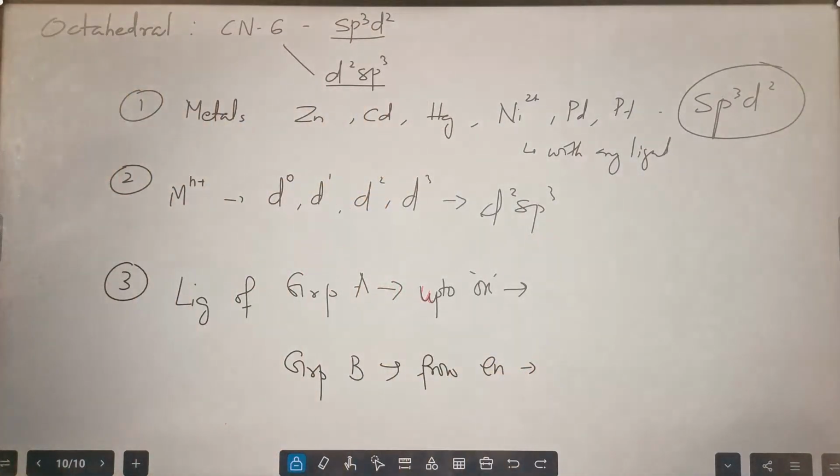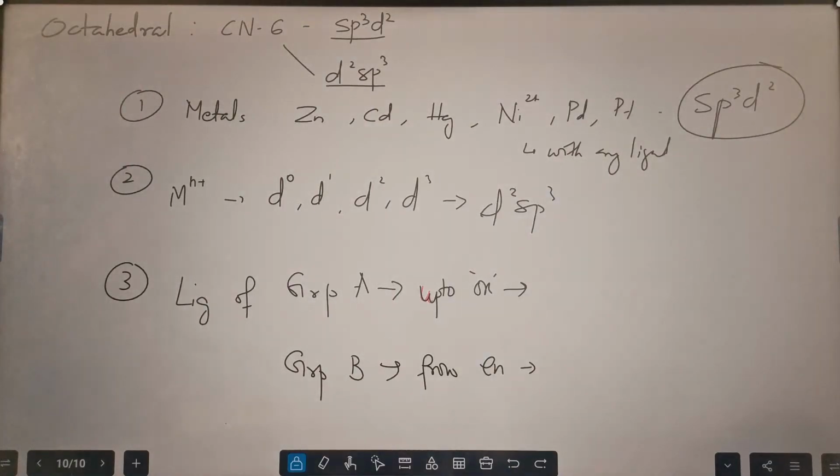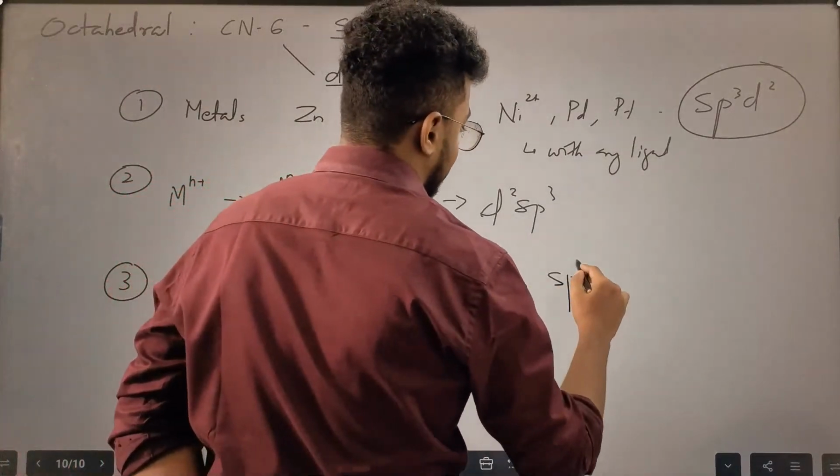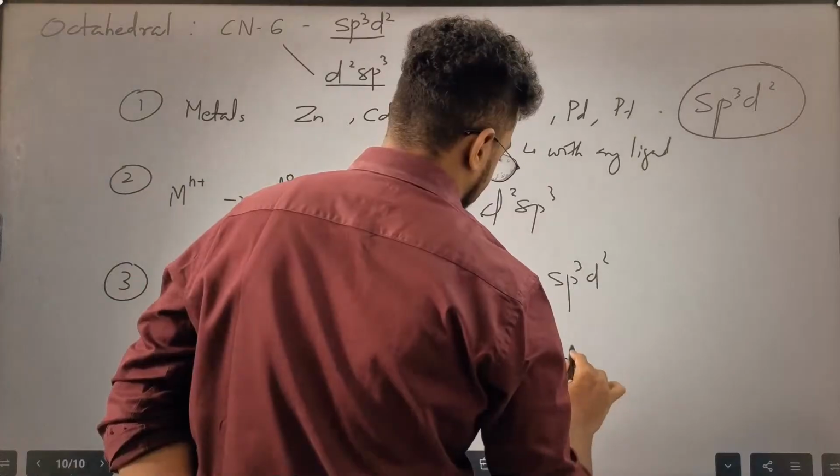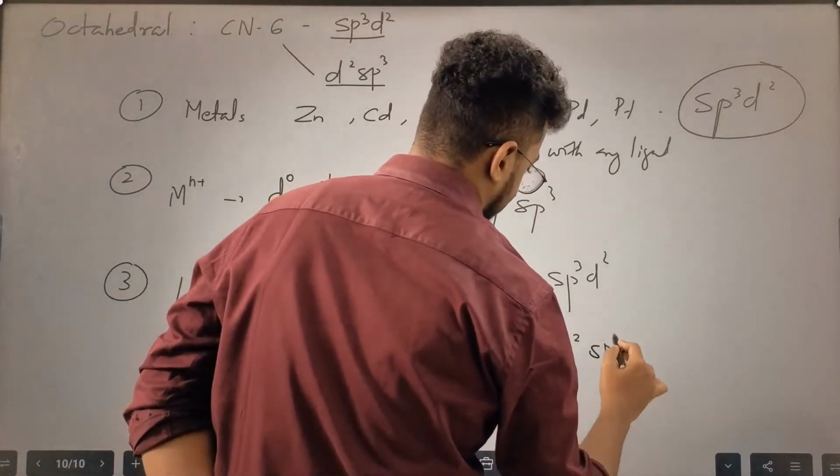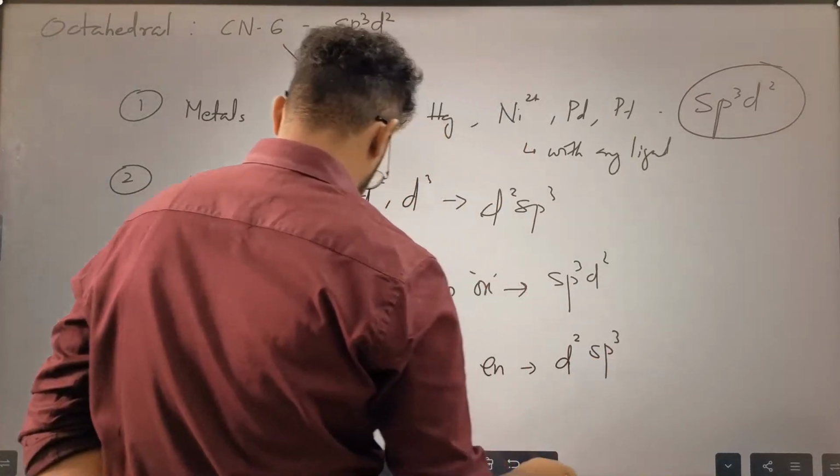So first group A with oxalate and group B is from En. For oxalate it is sp3d2 till oxalate, and from En we get d2 sp3. Okay.